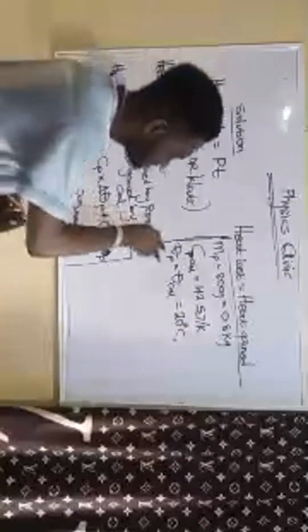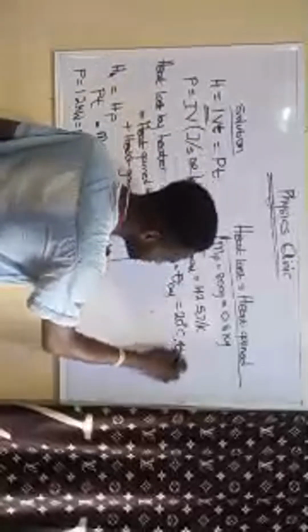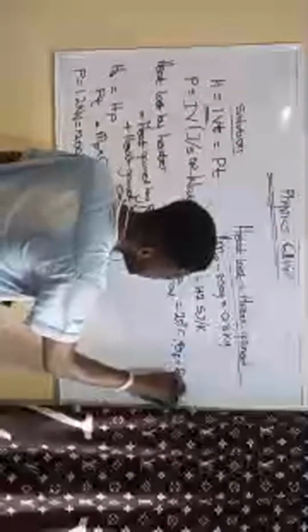The heater I'm not going to consider. The paraffin and the calorimeter would both have the same final temperature, theta F, so this would be 66 degrees Celsius. That's the final temperature for both of them.